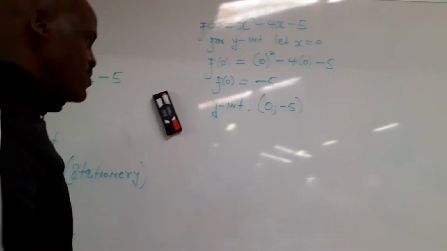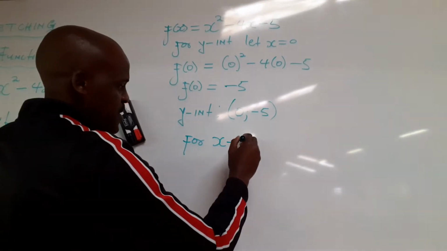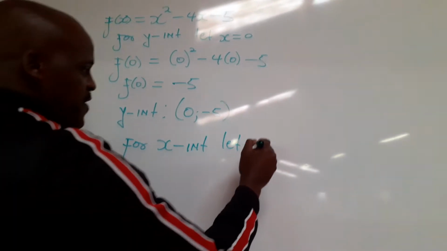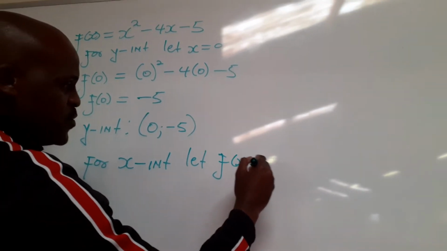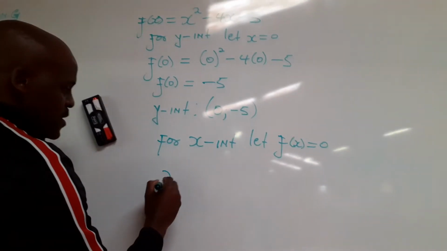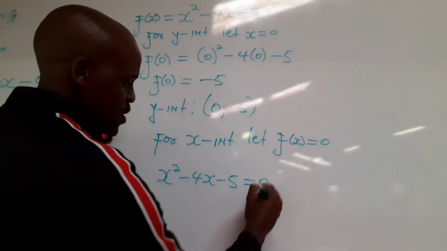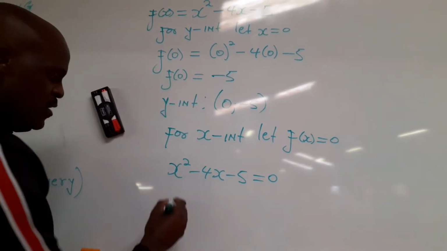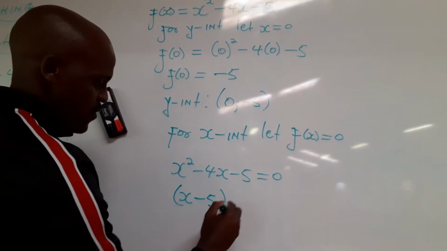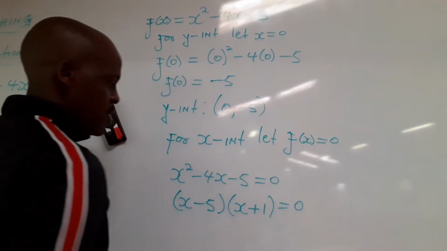And then for the x-intercept, our y is given by f(x), we let y be 0. Then we use that equation: x squared minus 4x minus 5 is equal to 0. From here you can now factorize. The factors are x minus 5 into x plus 1, equal to 0.